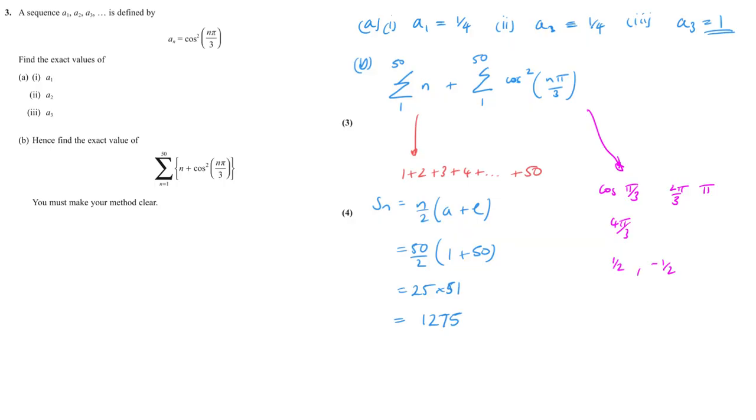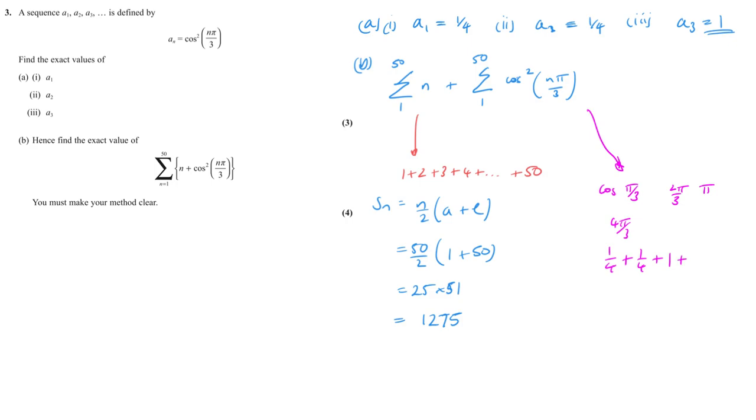But because they're squared, cos squared of pi by 3 is a quarter. So first term's a quarter, second term's a quarter, third term's 1.